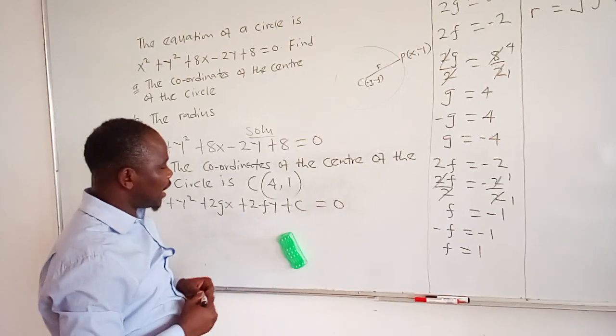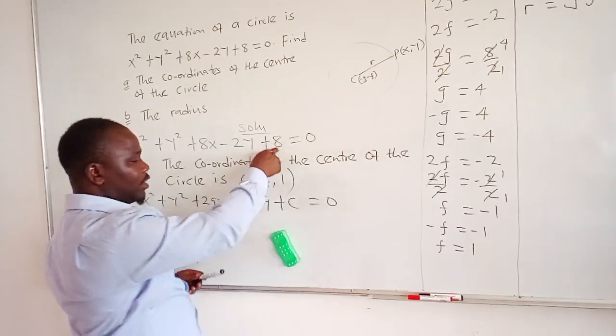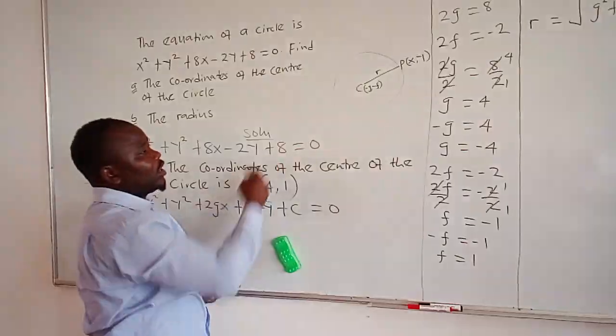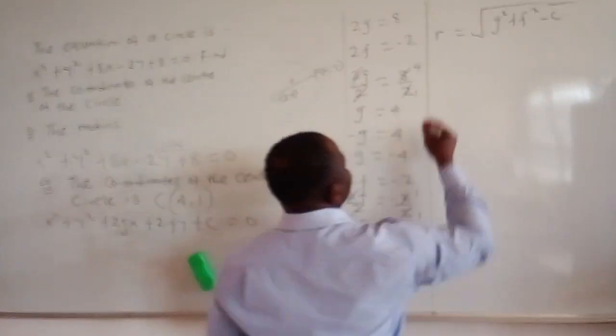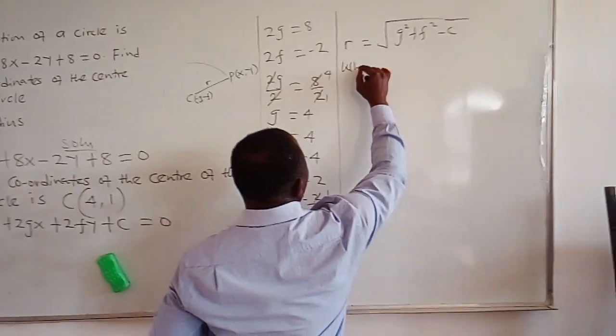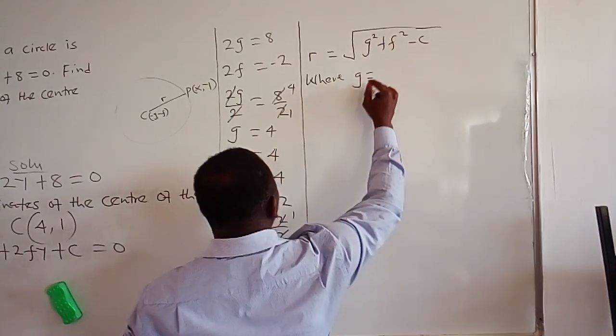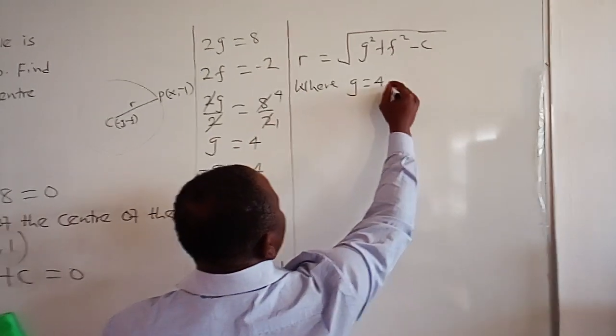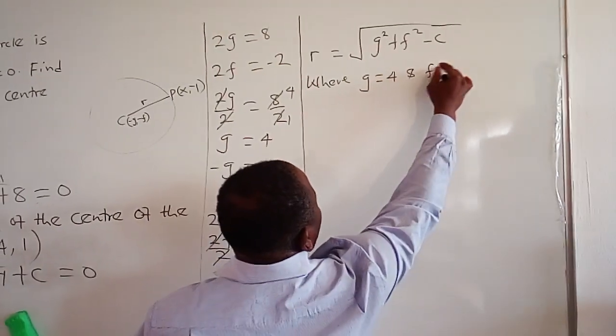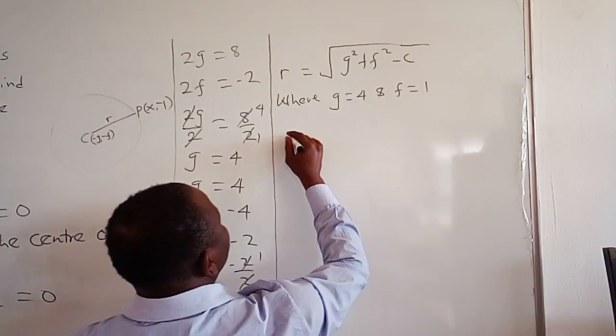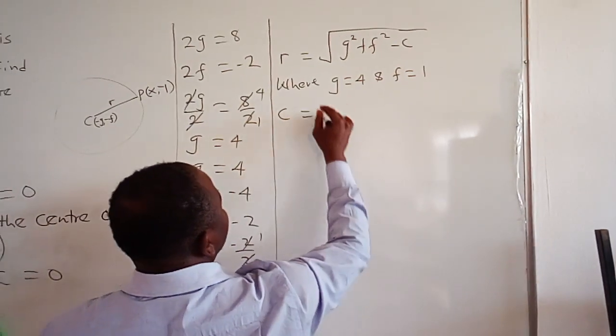So it implies that your c is this 8. So we now write where g is equal to 4 and f is equal to 1 and c is equal to 8.